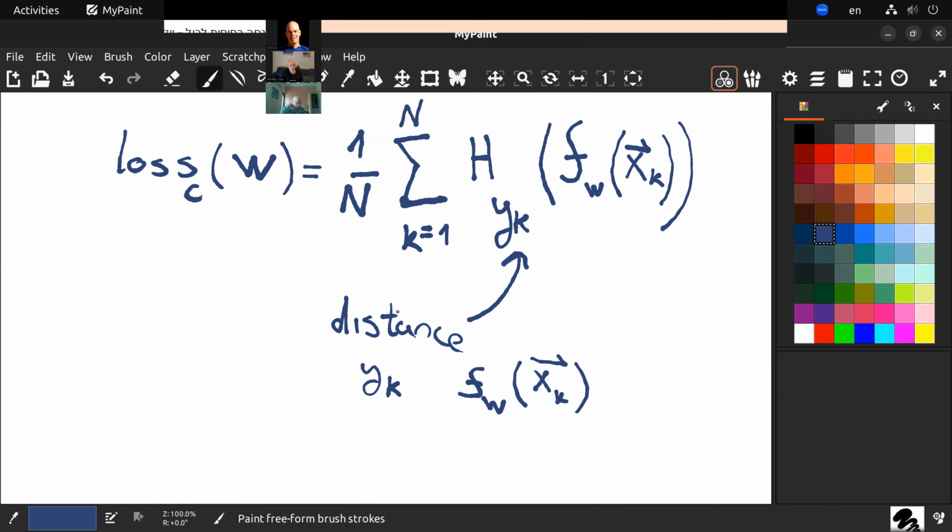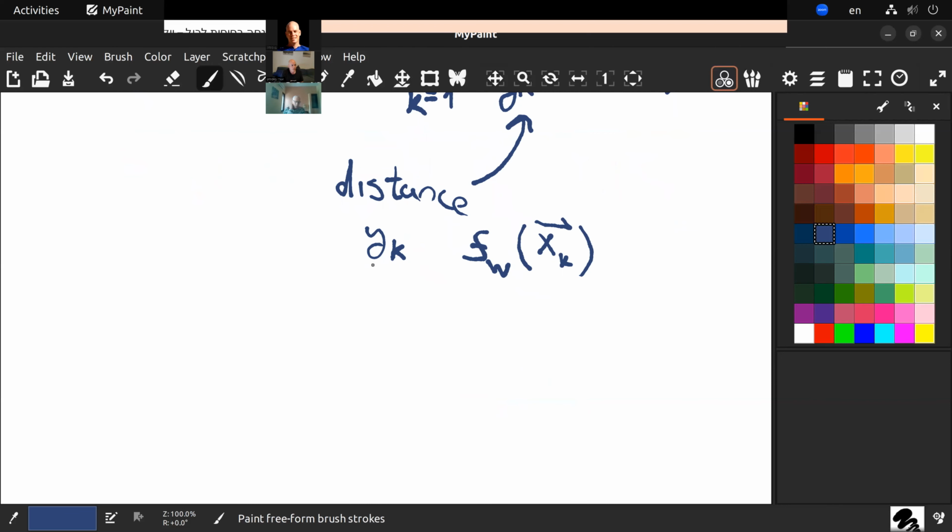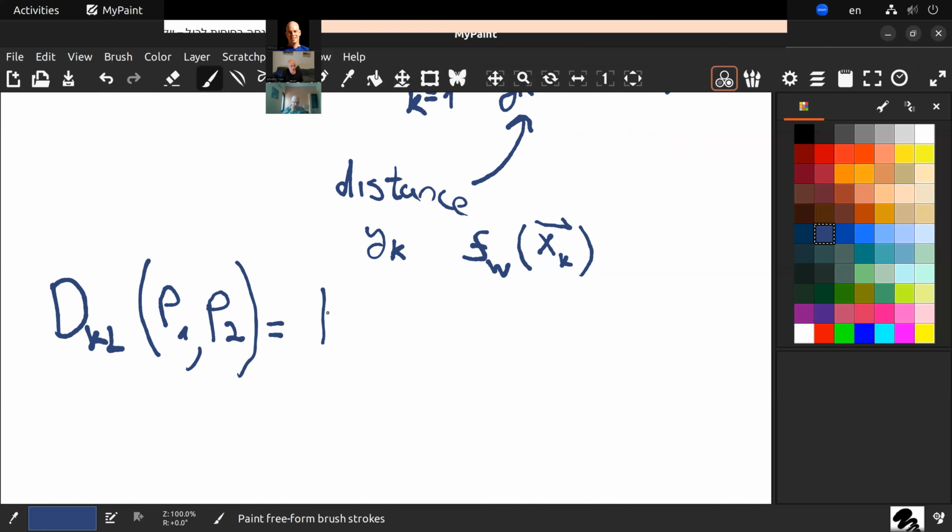So DKL, just to remind you, gets two probabilities, P1 and P2. And we had an intuition for it as a redundancy. We said it's like cross entropy of P1 of P2.